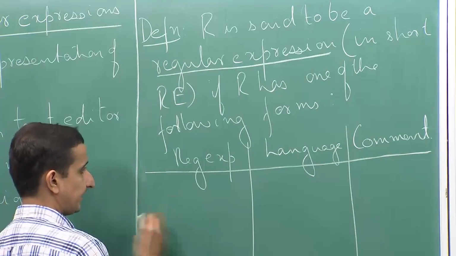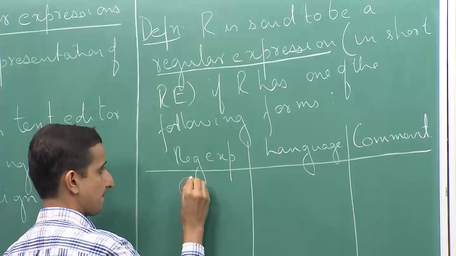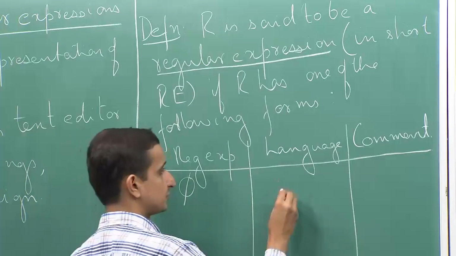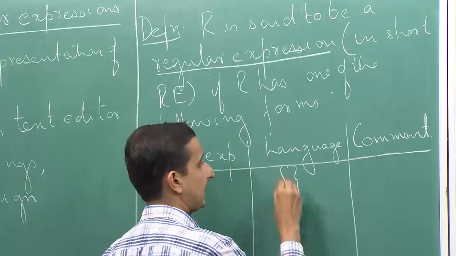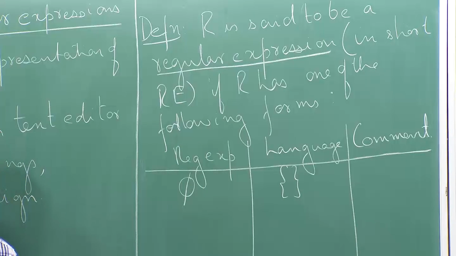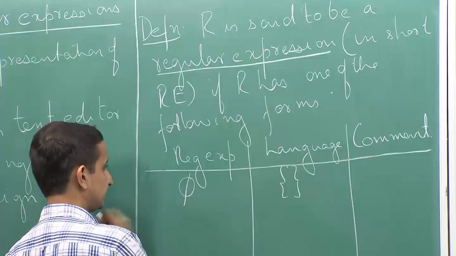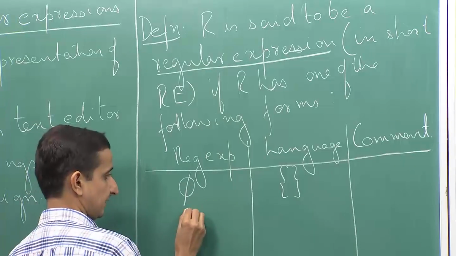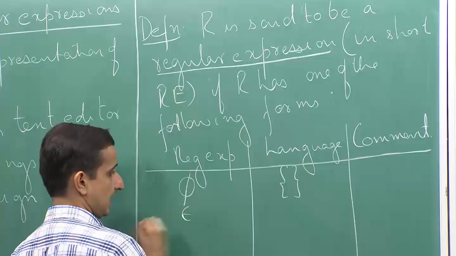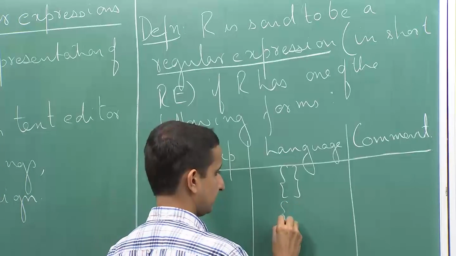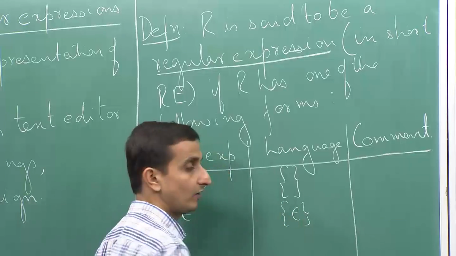So if the regular expression is phi, that corresponds to the empty language, the language which does not contain any string. If the regular expression is epsilon, this corresponds to the language that contains only epsilon.